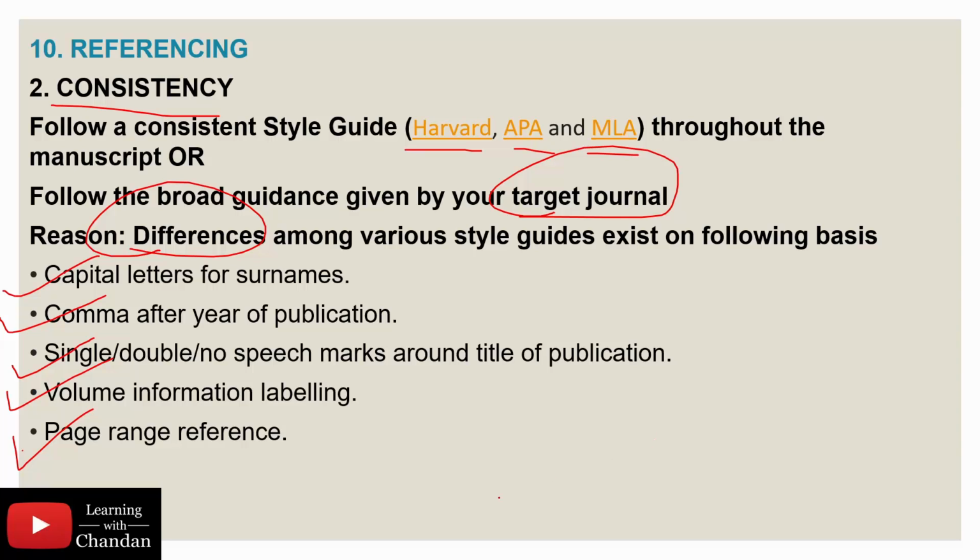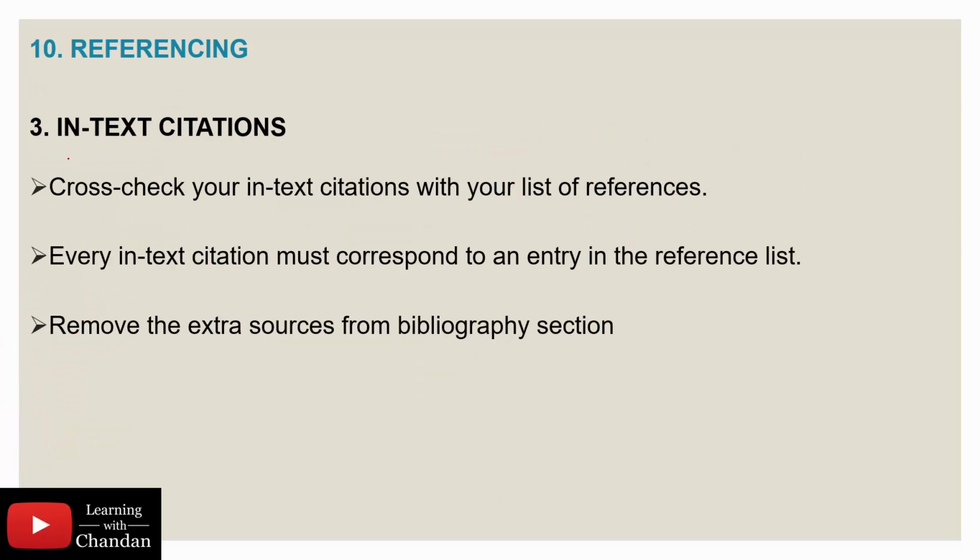So if such differences are noticed while you are switching from one to another, it may amount to imperfection. The next point is to cross-check every in-text citation with your final list of references, which is placed at the last of your thesis or manuscript. Normally there is a tendency that while we are finally drafting the manuscript, we tend to remove the irrelevant citations or studies, but we forget to remove them from our final reference list.